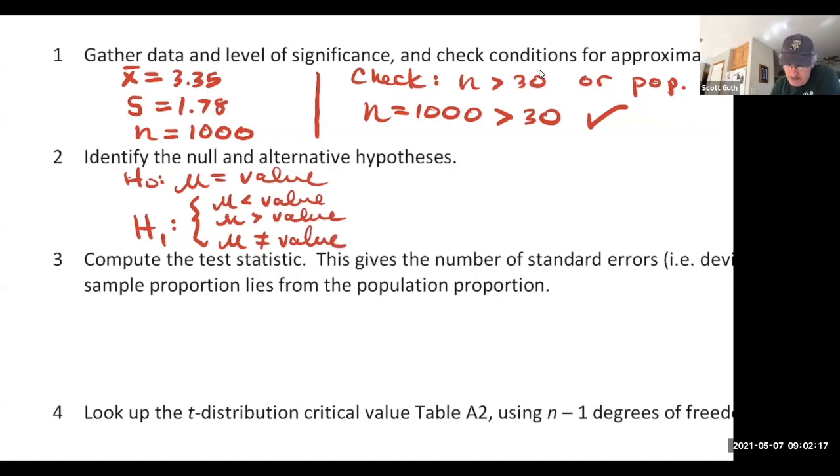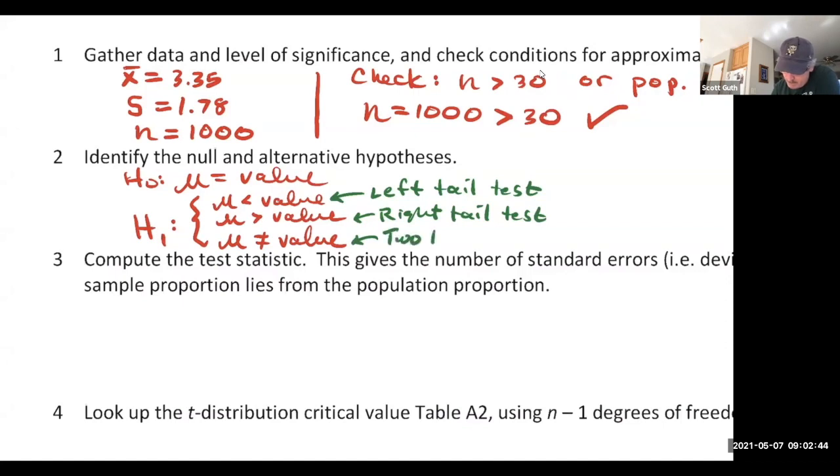Okay, and these determine the type of test. Less than means left tail test. Greater than, obviously, is the right tail test. And then finally, the not equals are two-tailed tests. Okay, any questions?